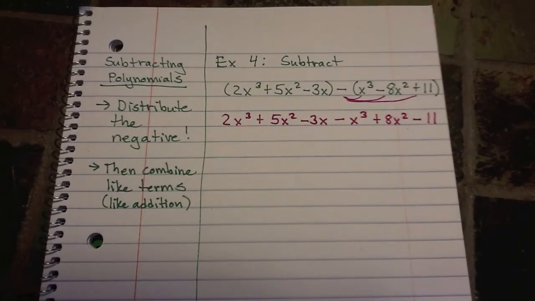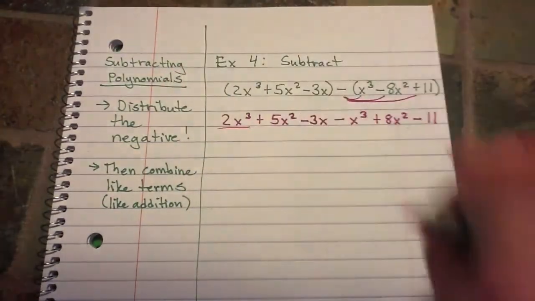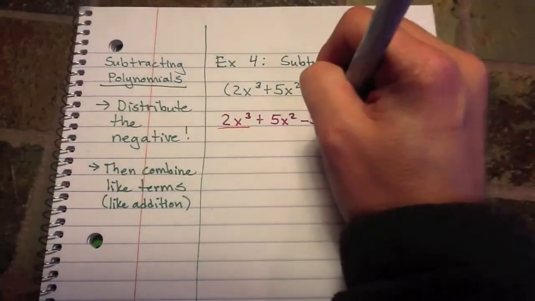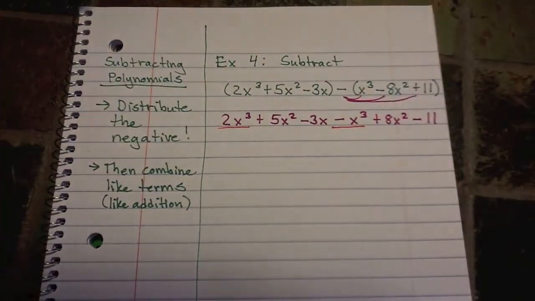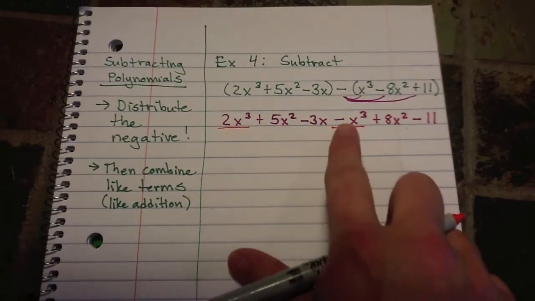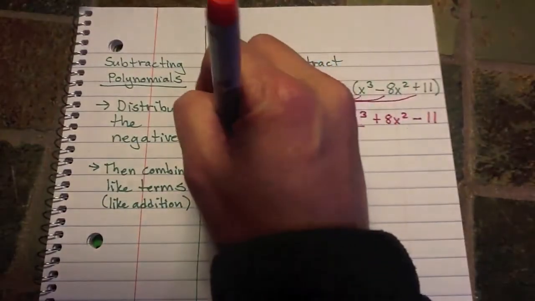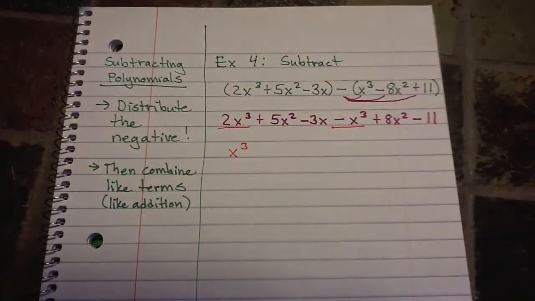Once I've done that, I go through and I just combine my like terms. So I notice that I have an x cubed here, and I have another x cubed there. Remember, this is an imaginary 1 there, so we have 2 subtracting 1, which is 1 x cubed.